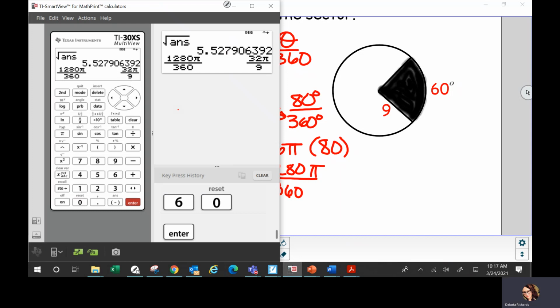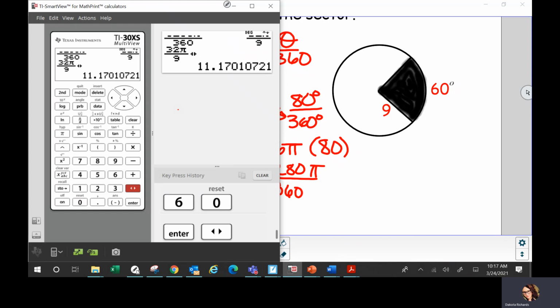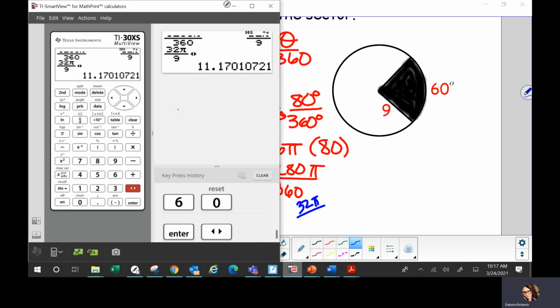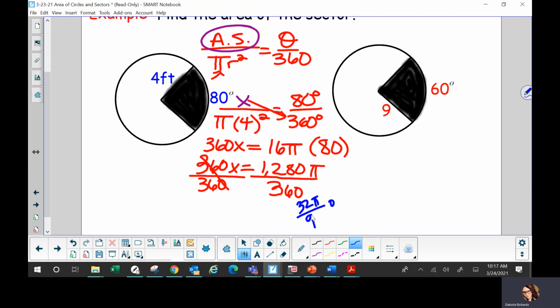And then your approximate answer, I got 11.17. What was that? 32 pi over 9, or 11.17, and that is in square feet.